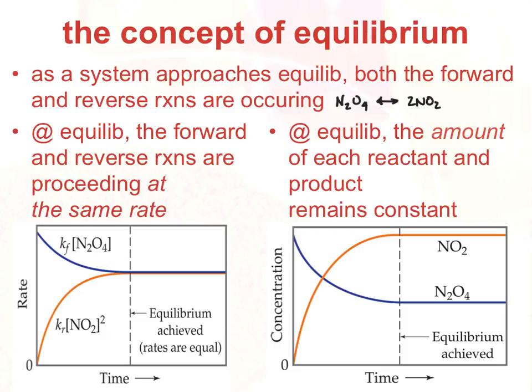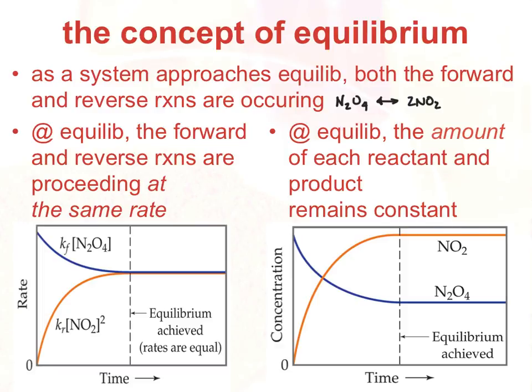Because it's being converted into product. Since it's being converted into product, the concentration of the product is going to be increasing. Now, notice that as the reaction progresses and we reach equilibrium, we get to the point where the concentrations of the reactant and product are maintained throughout the reaction progression.